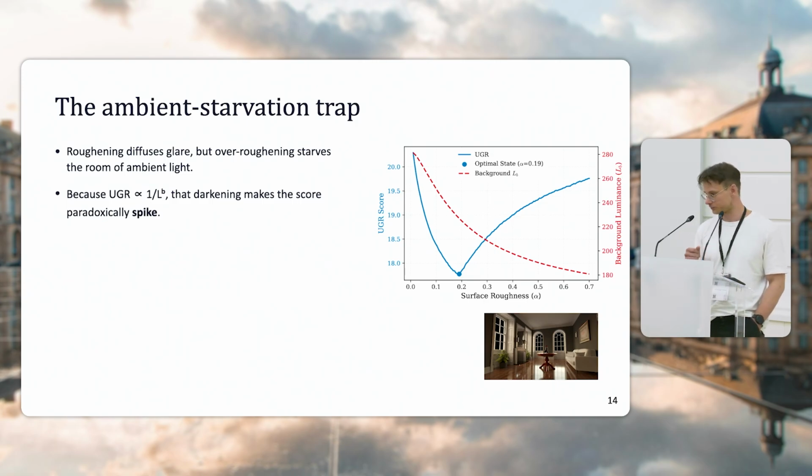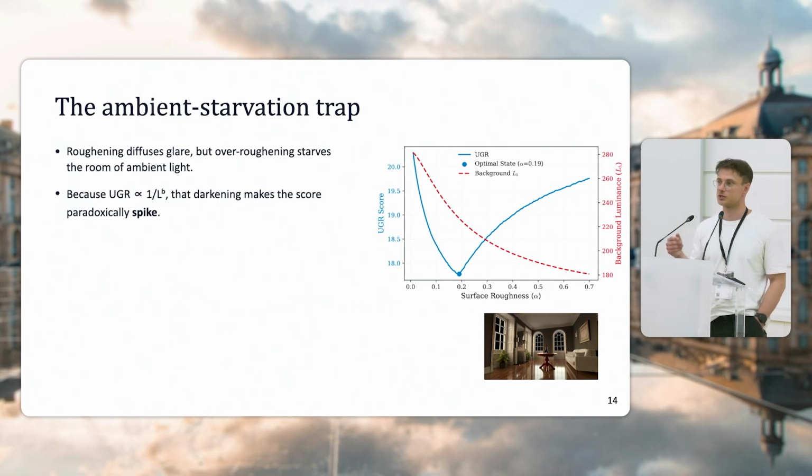The UGR, the blue curve, initially goes down, but then it bottoms out at around 0.19 to 0.2 alpha, and then it starts to climb back up. Here the over-roughening is actually starving the room of ambient light, which is the red dashed curve of the background luminance, causing it to fall.